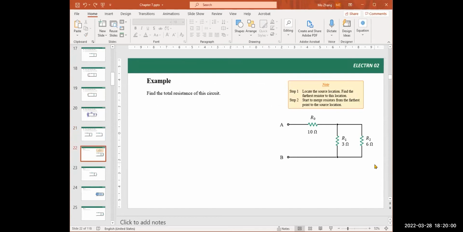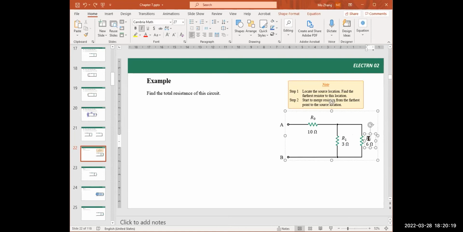Okay, so here we still have that simplest series parallel circuit. The reason it is the simplest is that a series parallel circuit must have a parallel branch, and the simplest parallel circuit has two resistors connected in parallel.